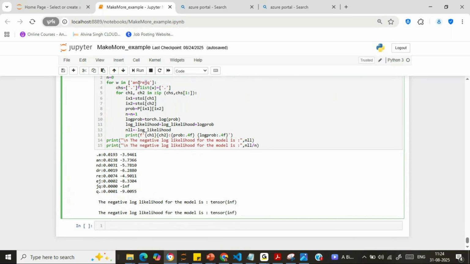We do not have a single combination where Q comes after J. So the count will be 0 and the outcome will be infinity. If something is added to infinity, the outcome will be infinity. So the model will not give the correct outcome at this moment, and we will not be able to calculate the quality of this particular model.